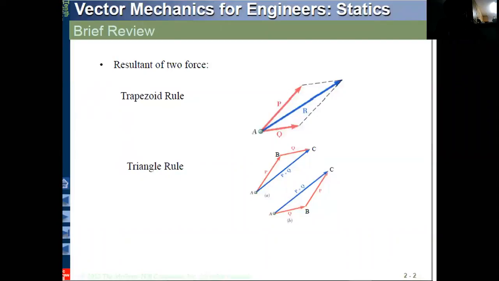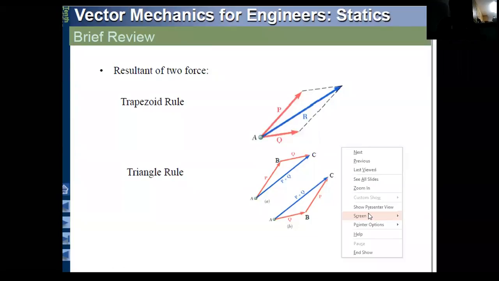The fact is that it does not matter where you choose the location of the vector in space. You can choose the starting point of two vectors at the same point, and then you use the trapezoid rule for the addition of vectors.